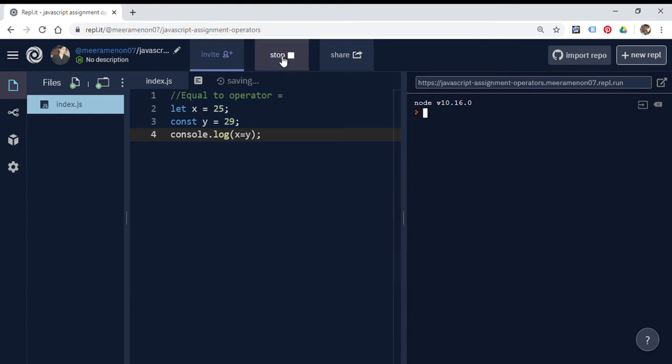Run. It's 29, right? Because earlier x was 25, but the value of constant y is 29, then we equate it. We say that x is now given the value of y. So x changes to 29.